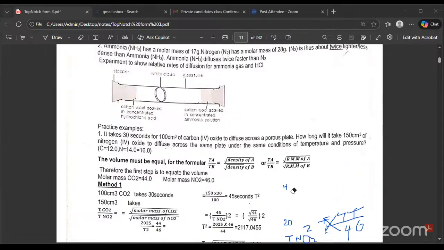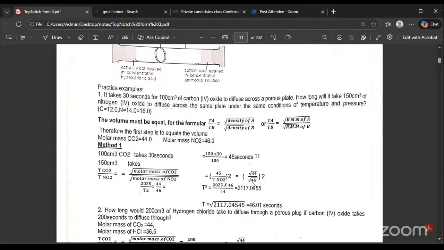So we continue. After you have done that one, you cross multiply. That is what I mentioned. Remember that the other one is squared, so we need to remove that square. I think this one you have been told in mathematics, so there's no problem.